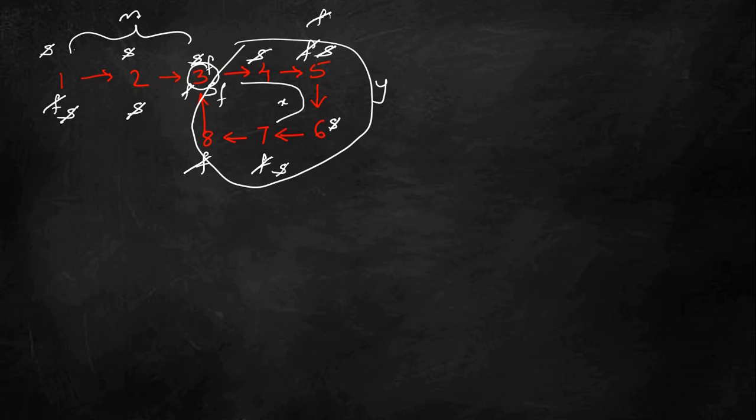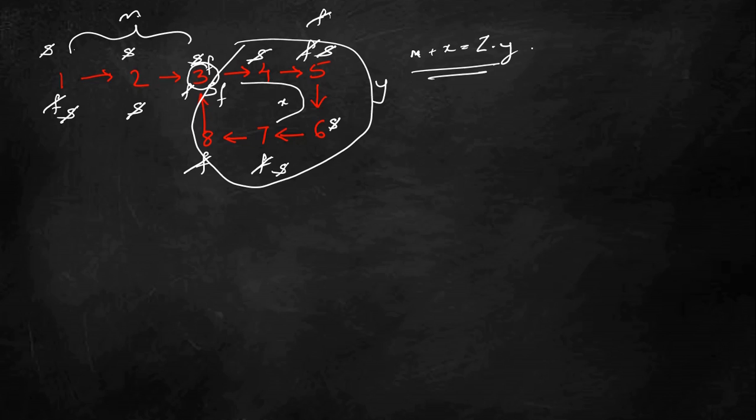So m plus x is actually a multiple of y. So m plus x equals some z into y, and by using this proof we can say that once the cycle is detected, we can move one step at a time, and there will be a point where both the pointers slow and fast will meet, and that will be the starting point.